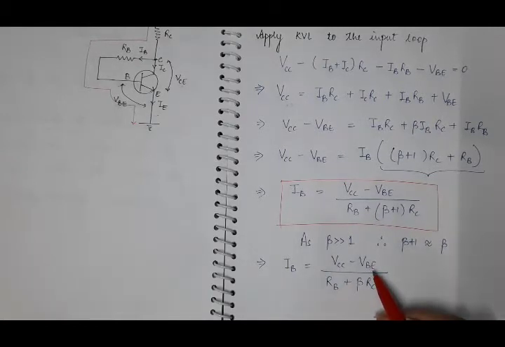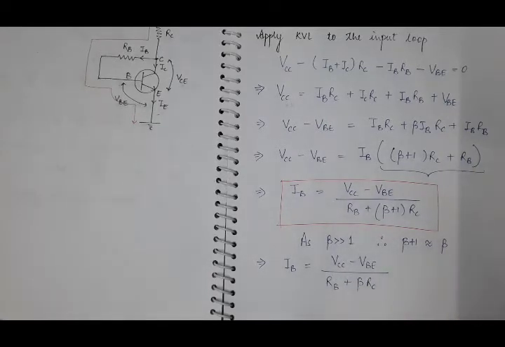But in numericals, if it is given that the transistor is silicon or germanium, then you cannot neglect this VBE, because we know the value of VBE: for germanium it is 0.3 volts, for silicon it is 0.7 volts. But if the statement does not mention which material the transistor is made of, then you can neglect this VBE as compared to VCC.